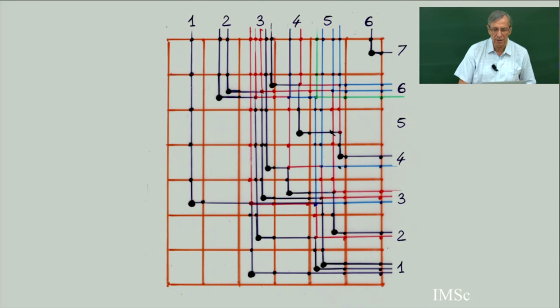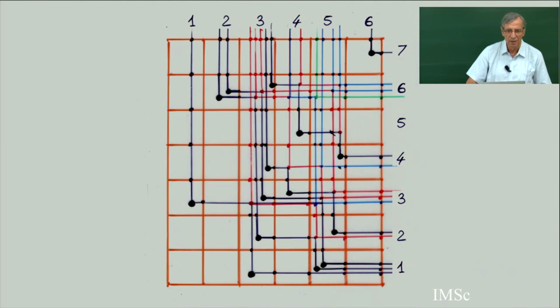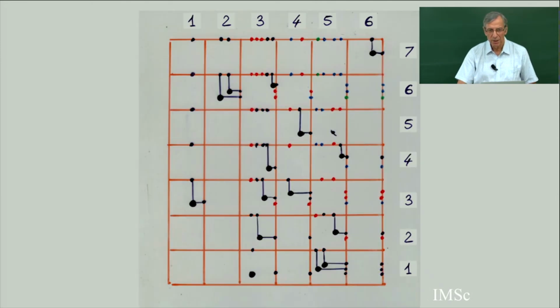So if you look at the intersection of the colored lines with the grid, you have many points with color. If I just keep this, you see, I have some in each cell.